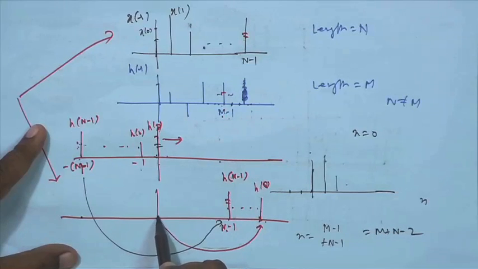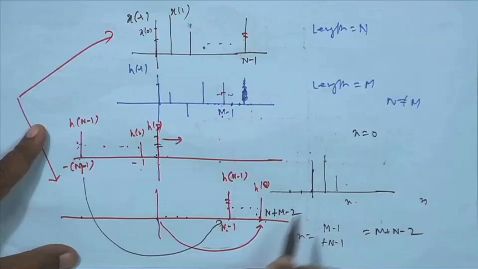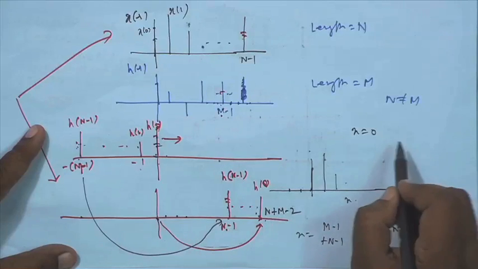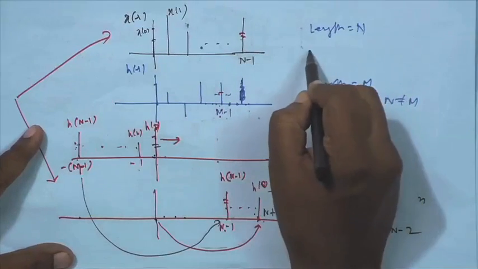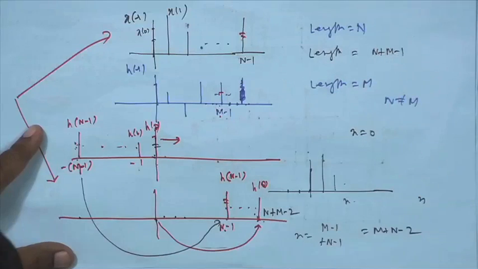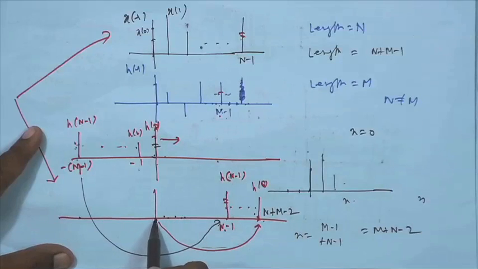So, if your n was 1, H0 would have been here, n is 2, H0 is here at the 2nd point, if n is 3, H0 would have been here. So, now n is so much. So, this is the index n plus m minus 2, which means the sequence goes from 0 to n plus m minus 2. So, the new length is, you have to count the 0 also.